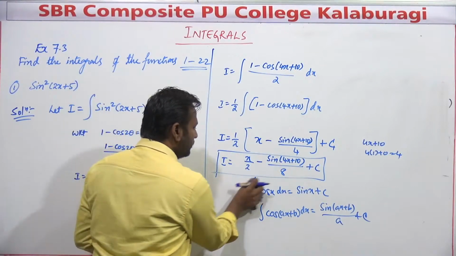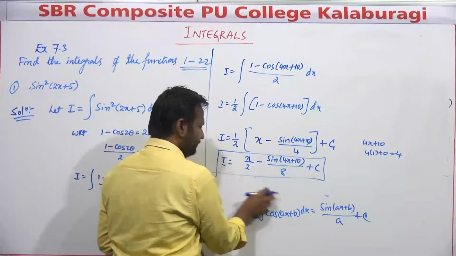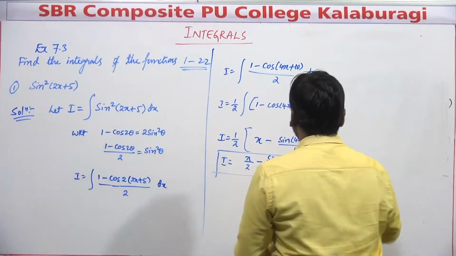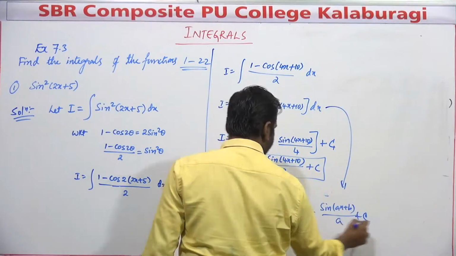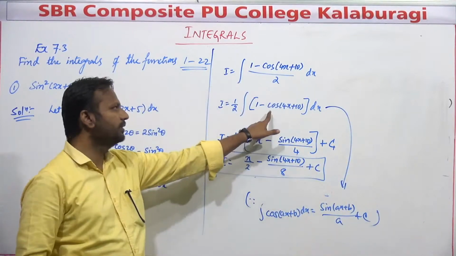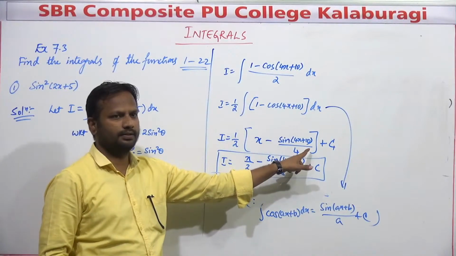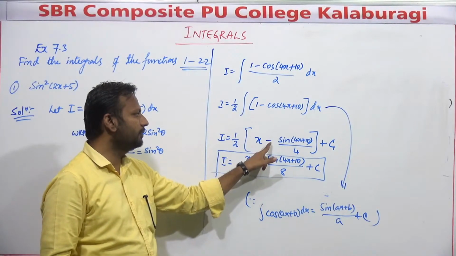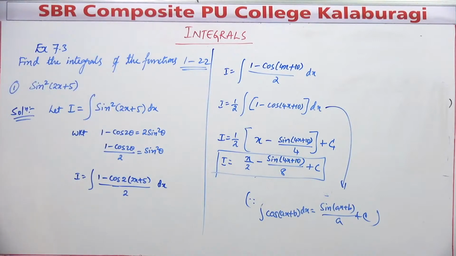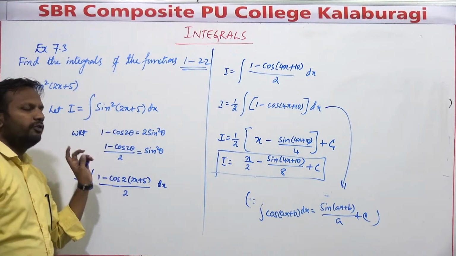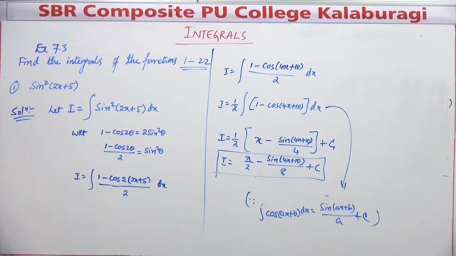So mention this formula, because by this formula we have applied cos x integration as sin x. Here minus is there, plus into minus, minus. Easy, right? So the only thing you have to remember is the formulas, trigonometric identities.